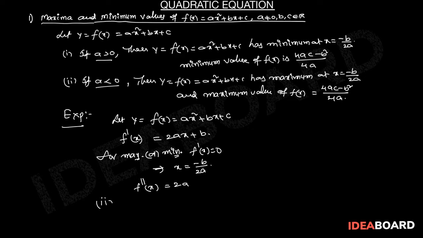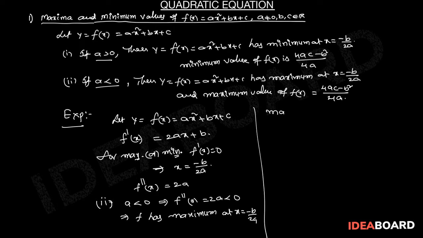Second one is a less than 0, that implies f''(x) = 2a is less than 0. That implies f has a maximum at x = -b/2a.